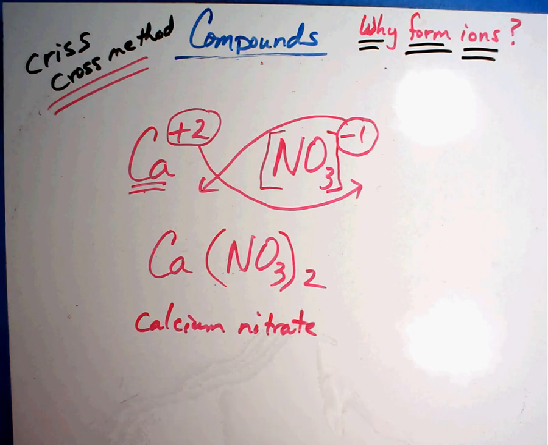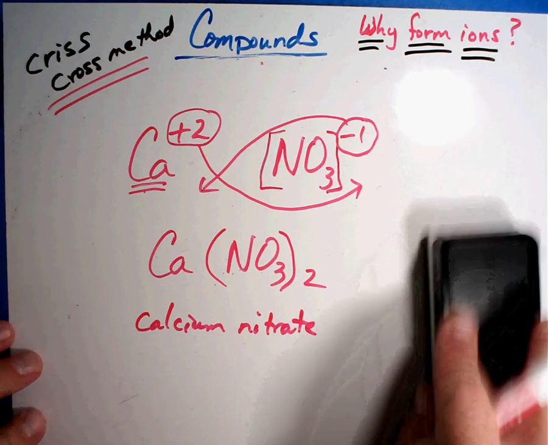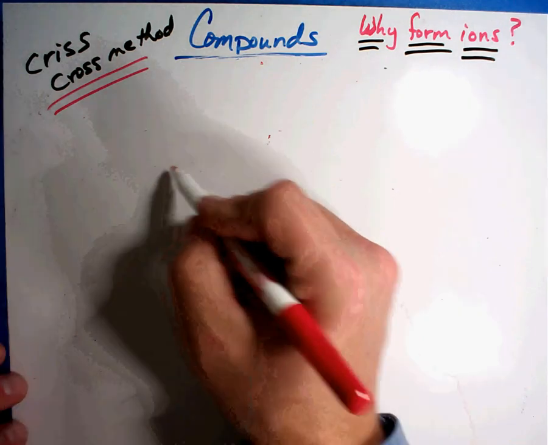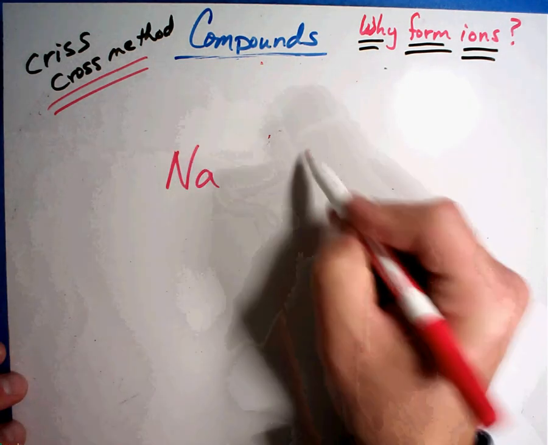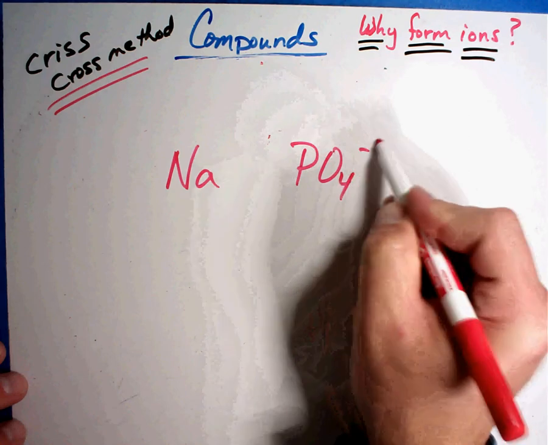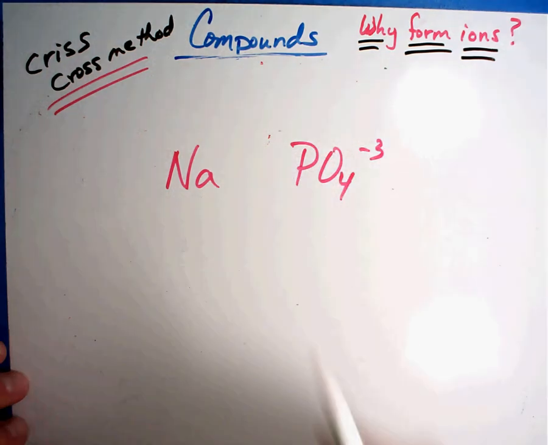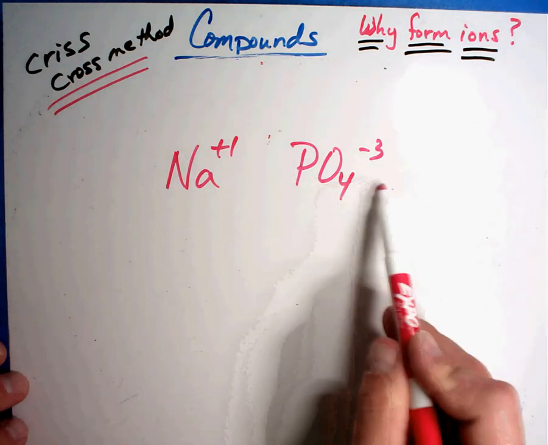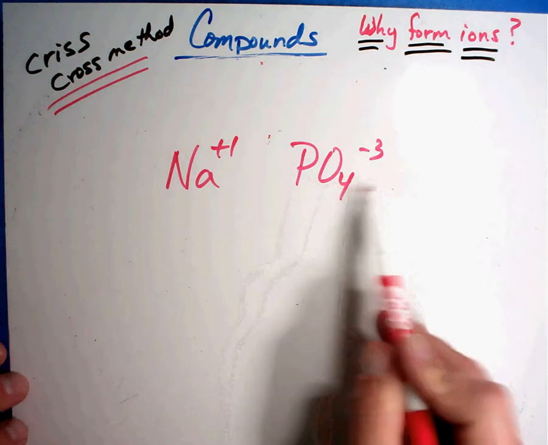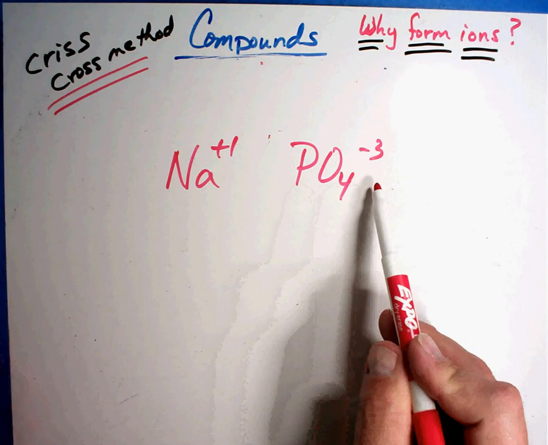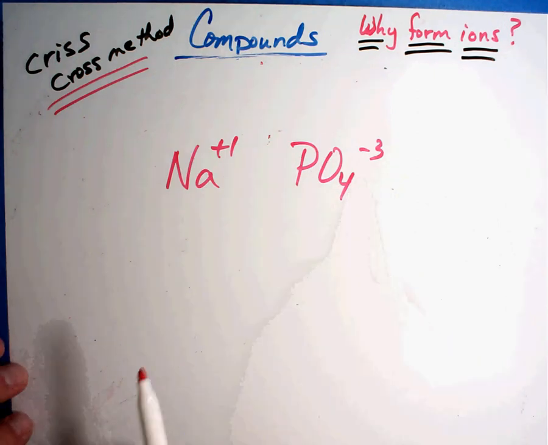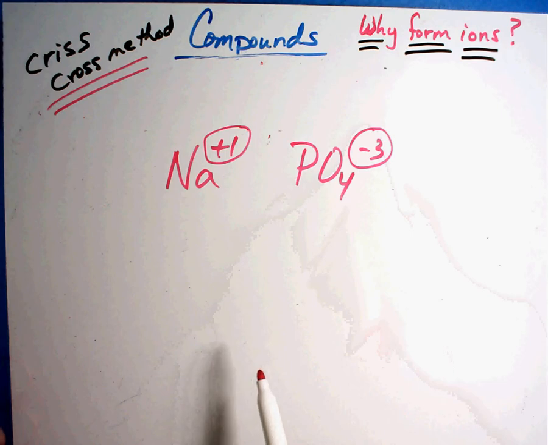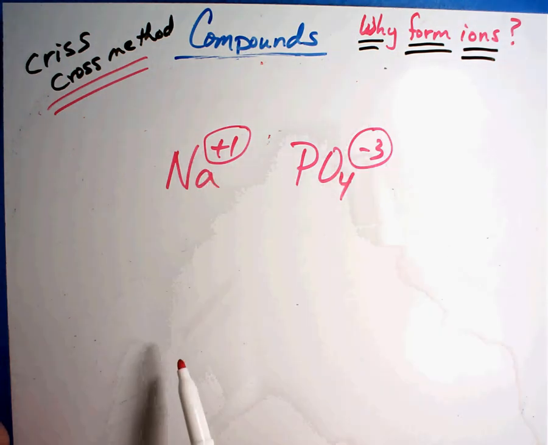Now that may be confusing. Let me do one more. What happens if I have one like Na and PO4 -3? Na is a +1 right off the chart. They'll always give you this. They don't expect you to memorize them because it's not directly on the chart. They just want you to look at the charges and do the right thing. +1, -3.